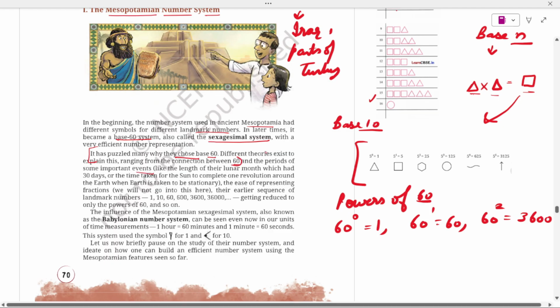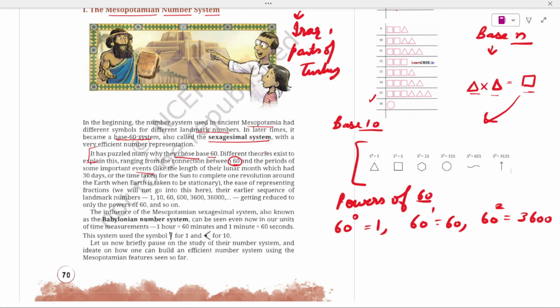Actually, 60 is familiar to you also, you know that in 1 minute there are 60 seconds. They introduced these numbers which are relevant to time.